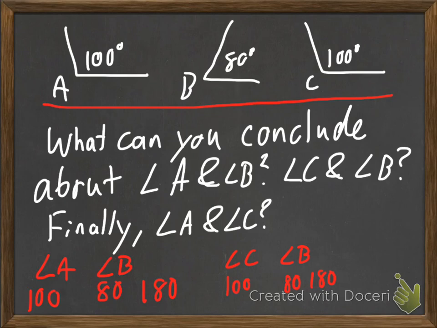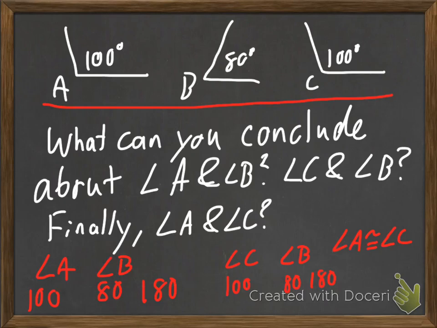So I hope you were able to determine this kind of follows the same idea as our congruent complements theorem. If 2 angles are supplementary to the same angle, then we can say that those 2 angles have to be the same, therefore they are congruent. And that brings us to our congruent supplements theorem, which discusses that.